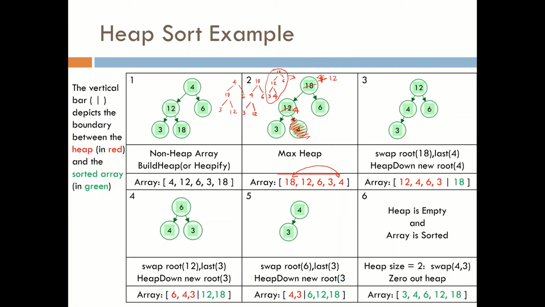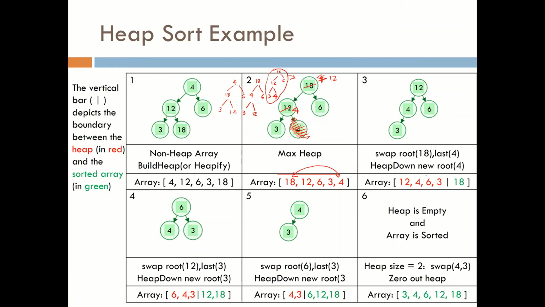So the 12, the 4, the 6, and the 3. And you notice that now, looking at image 3, we have decremented the size of the heap by 1. Initially we had 5 elements in the heap. We now have 4 elements in the heap and 1 element in the sorted array.